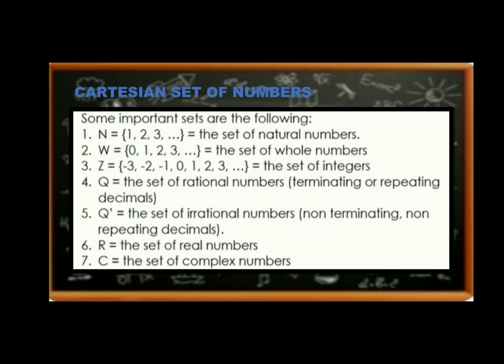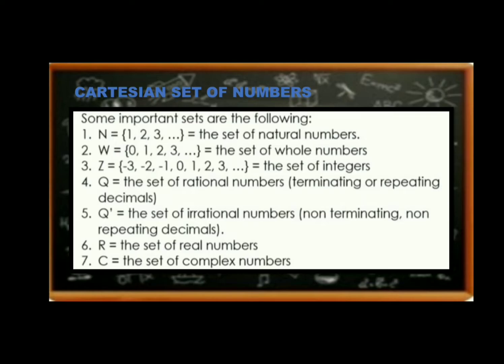And we have here some important symbols and signs that are useful and must be considered while dealing with this language of sets. So let's discuss them one by one. N stands for the set of natural numbers. W stands for the set of whole numbers. Z stands for the set of integers.